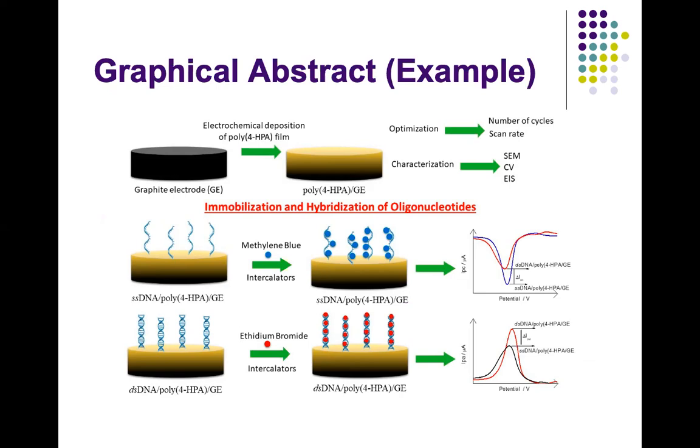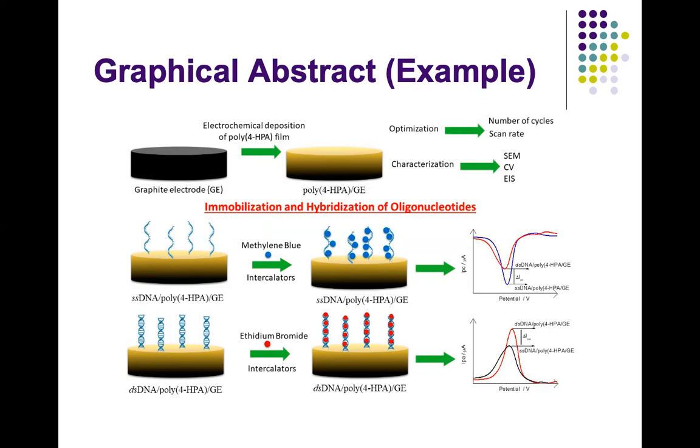But for us, especially those who have experience in science, if you look at the graphical abstract, you can evaluate whether the science is solid and is going to work.